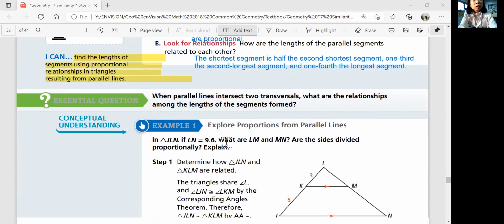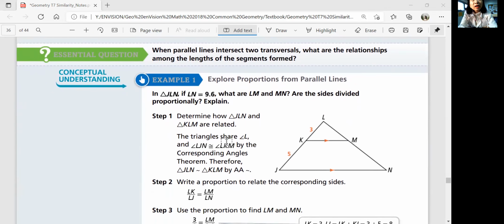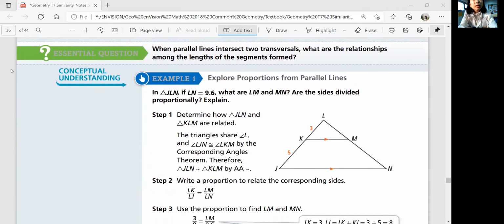Okay, so let's look at example 1. Explore proportions from parallel lines. So we're going to try to understand the concept here. Look at triangle JLN. LN is 9.6.